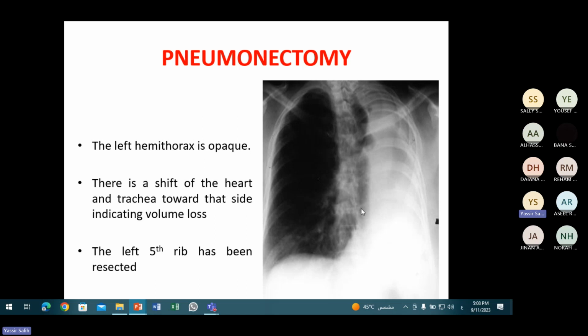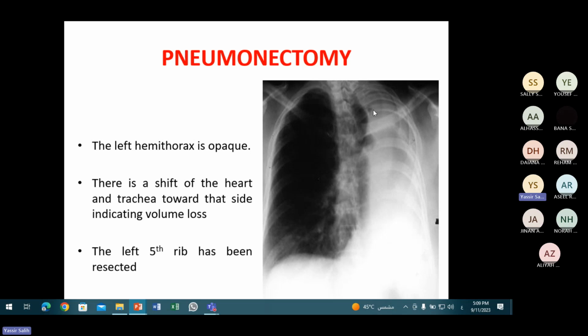So you have to put the differential diagnosis that has been explained: pneumonia, collapse, pneumonectomy, agenesis, and pleural effusion. And you have to look at the signs: opacification, lung volume, air bronchogram, and shifting of mediastinum.